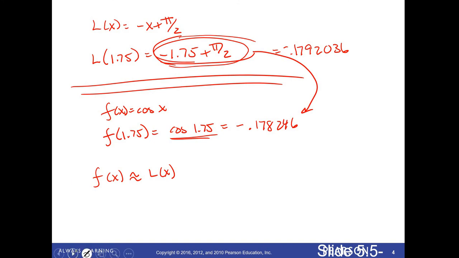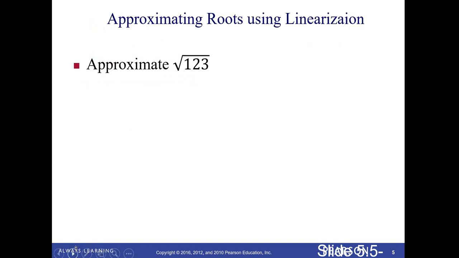We're going to do one other example, which is using linearization to approximate a root. So the root function would be f of x equals the square root of x. And I want to find that at 123. Well, 123 is pretty close to 121.